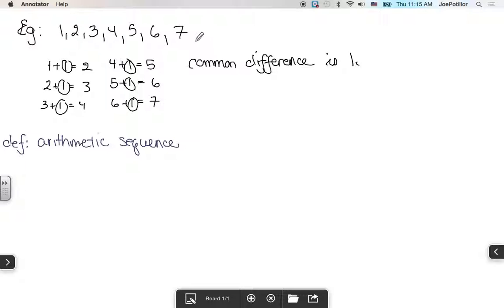An arithmetic sequence, of course, has the terms. The definition of an arithmetic sequence is a sequence where the difference is the same.